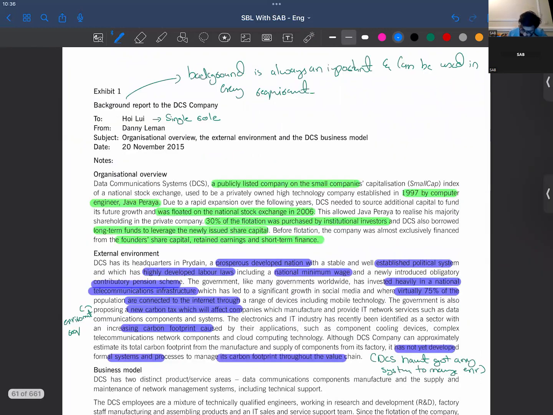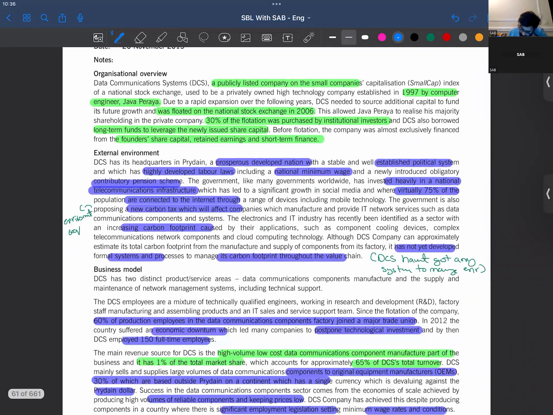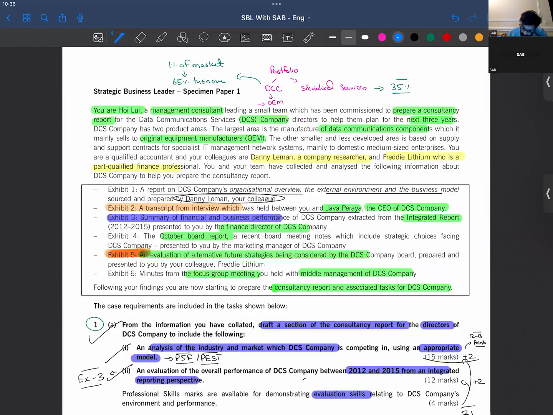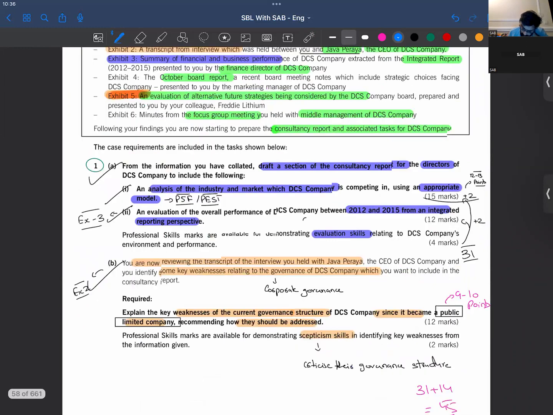So take care from the start. Skim through the pages. Not in the requirements, right?